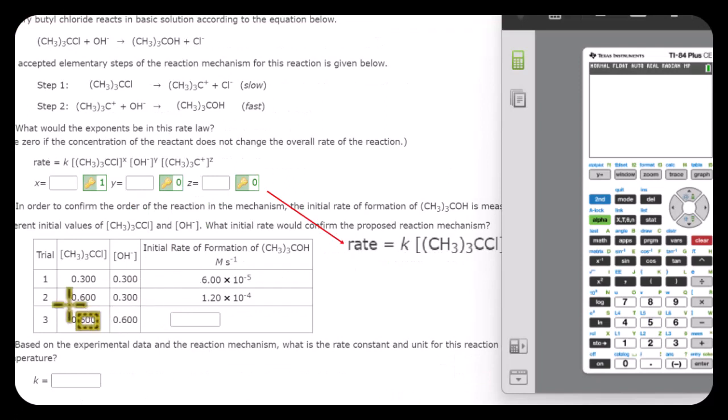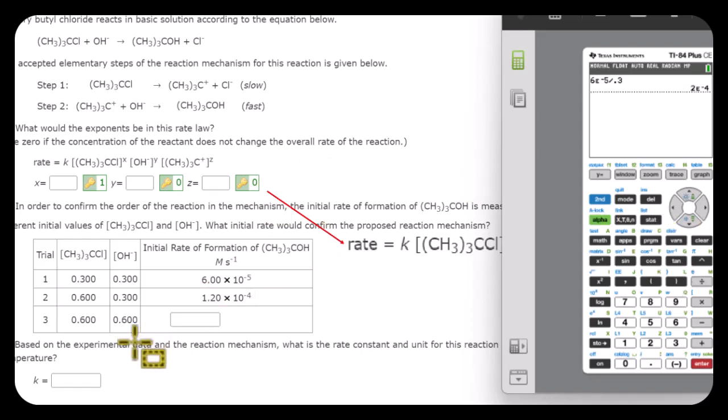So I can take any one of the trials here to calculate K. So I know that the rate is equal, let's try the first trial, 6, and then I'm going to go second function E, negative 5, and then divide by the concentration of the tert-butyl, which is 0.3, and that'll give me the constant for this example.